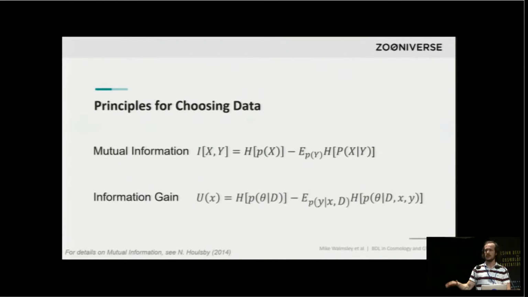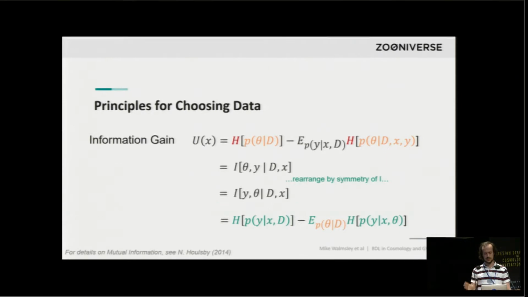The second formula, we need to have some idea of how much information we gain about our model parameters when we label a subject. And this one is a bit more of a choice, but quite a reasonable thing to do is to look at the change in the entropy over my model parameters before and after I've labeled my subject, my galaxy in this case. And the really important thing to note is that the mutual information is symmetric. That's going to be super important.